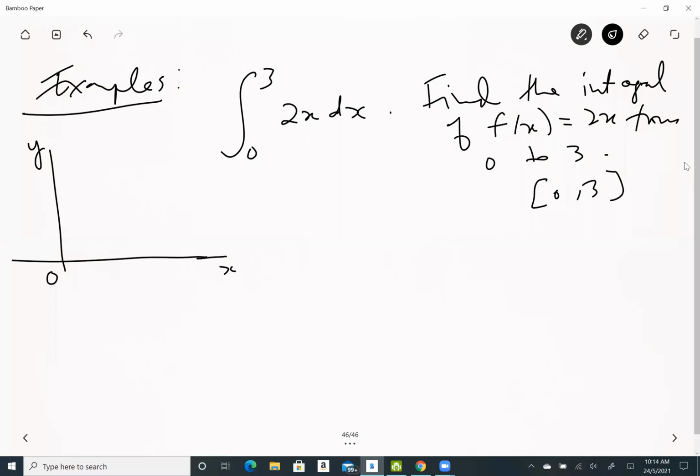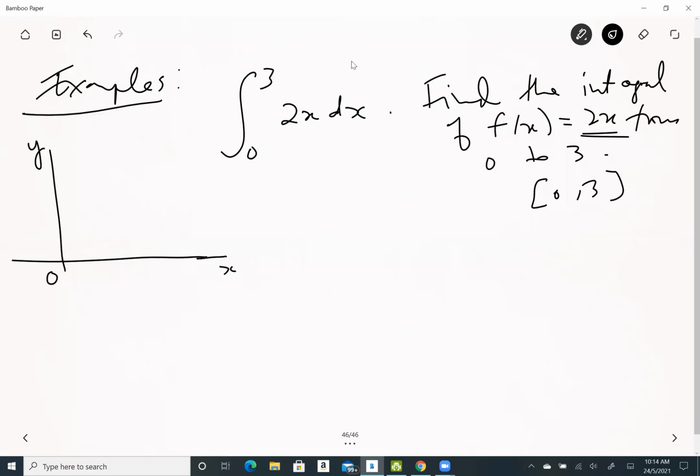Anybody still remember? Hello, hello. 2x, how does the line look like? Straight horizontal line? Y equal to 2x, horizontal line? Oh, sorry. Come on, quickly, final exam is coming, you can't have forgotten already.